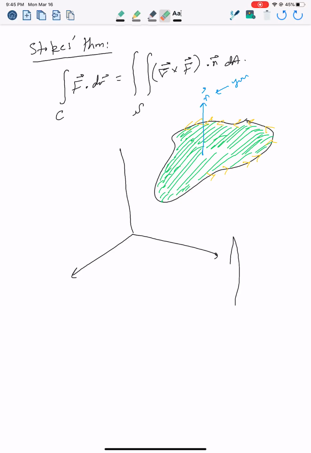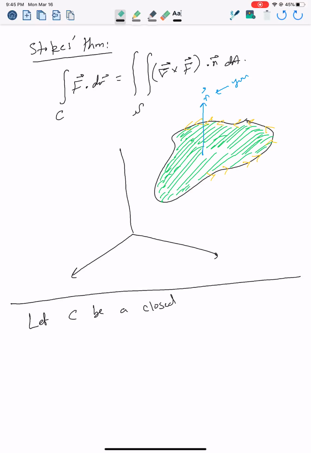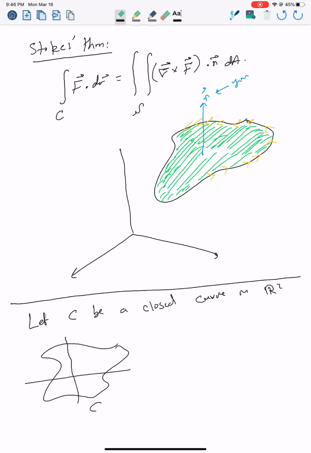If you want to connect the two quantities, then let's look. Now what I'm taking is a closed curve in R2. Okay, so this is R2. You have a certain closed curve, whatever. If you agree, you can view this curve in R3.